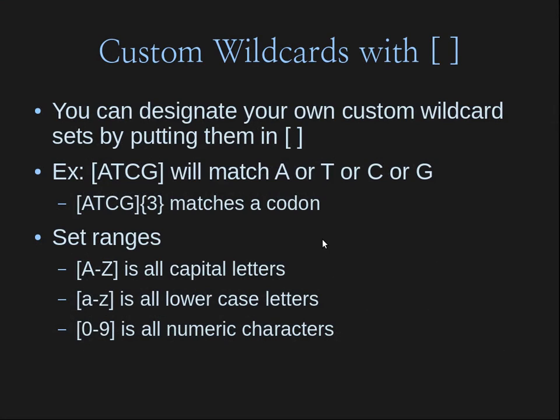Okay, so another thing that's really nice about this is, we have this little set of wildcards I've introduced you to, and these are only kind of the beginning of the wildcards that you can use in regular expressions. But one nice one is that you can create your custom character sets if you want, and we do that with square brackets.